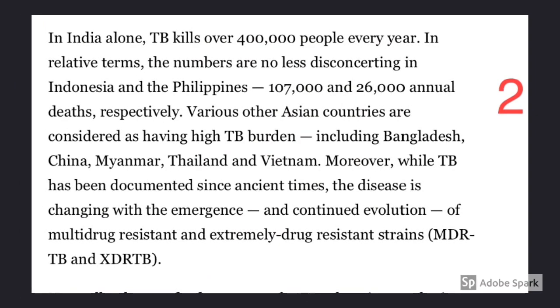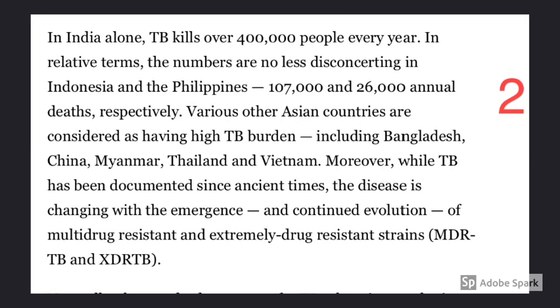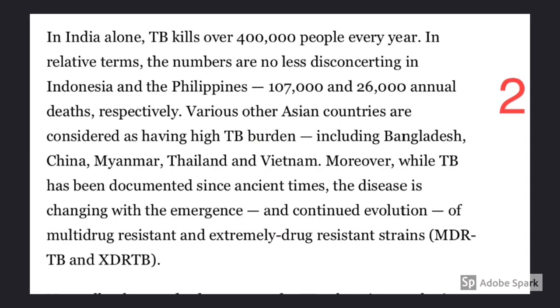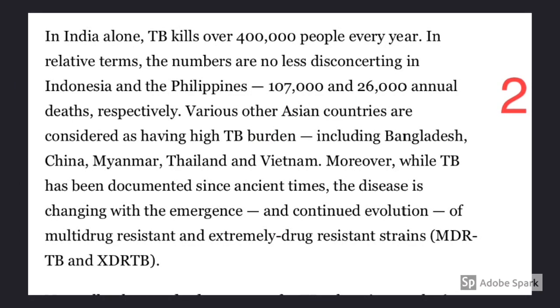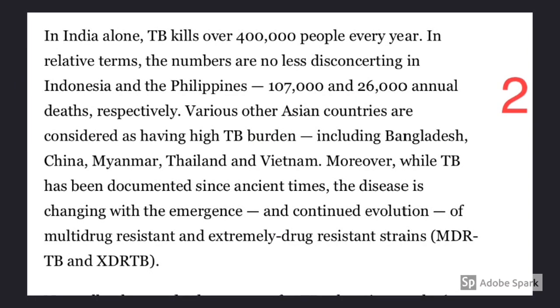So most of these sentences, that is the first 3 sentences, are dealing with how widespread tuberculosis is in Southeast Asia. The last sentence is introducing another subtopic which we are going to ignore for the moment.